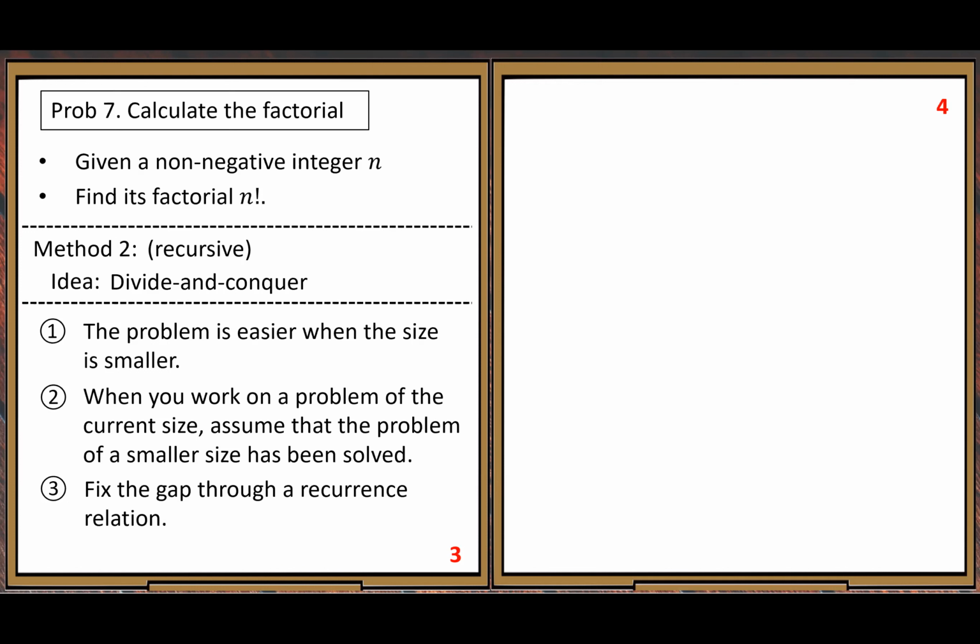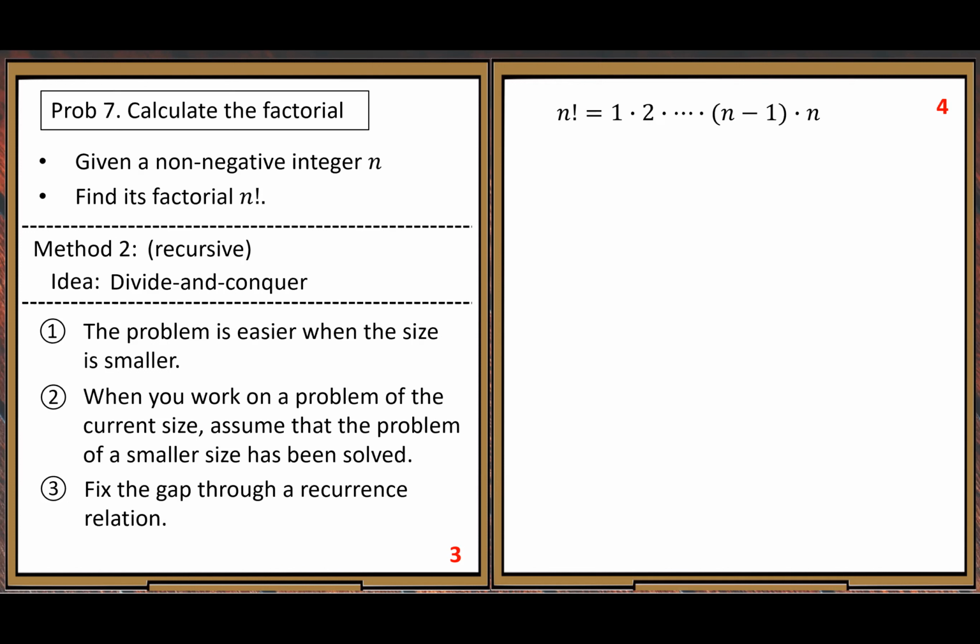You need to do some work. Fix the gap, then you can get the problem solved. That is the typical divide and conquer approach implemented using recursive algorithms. So that's our theoretical part.